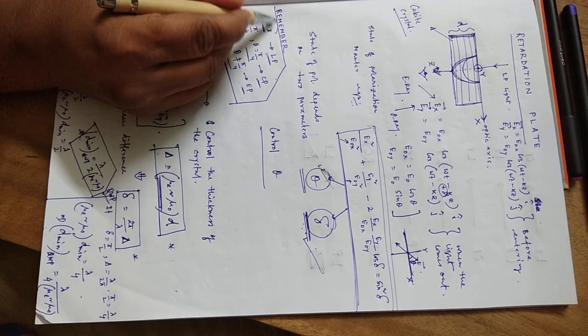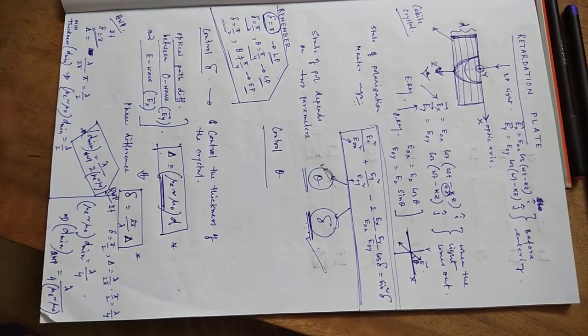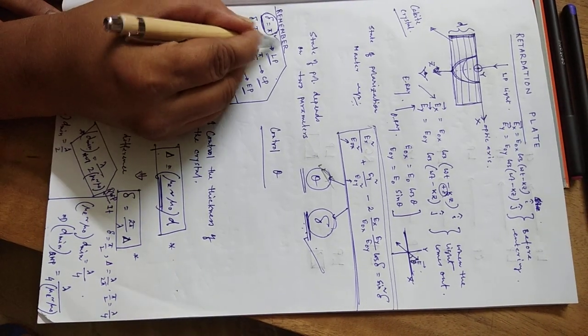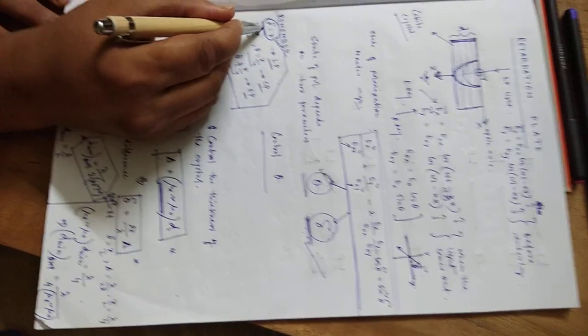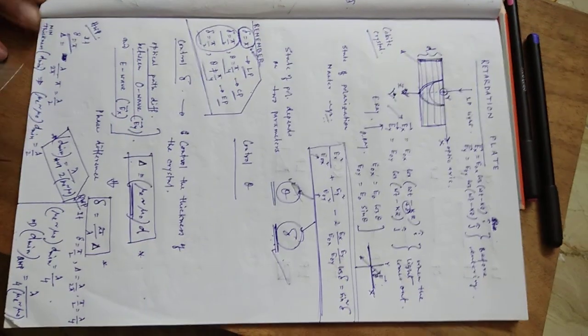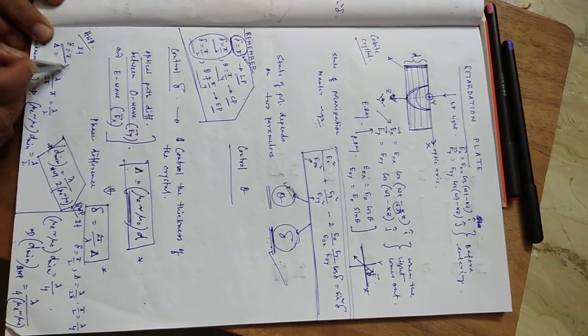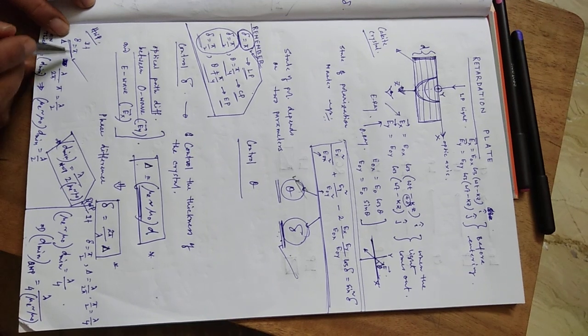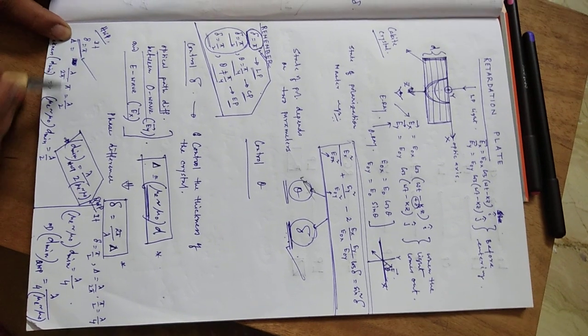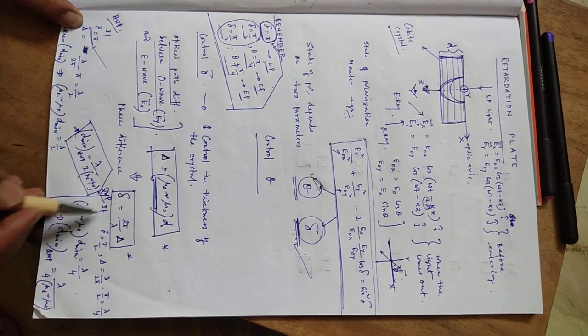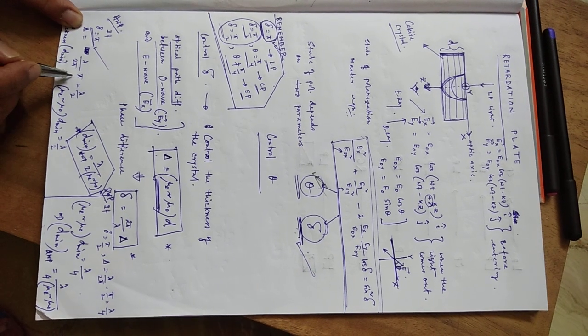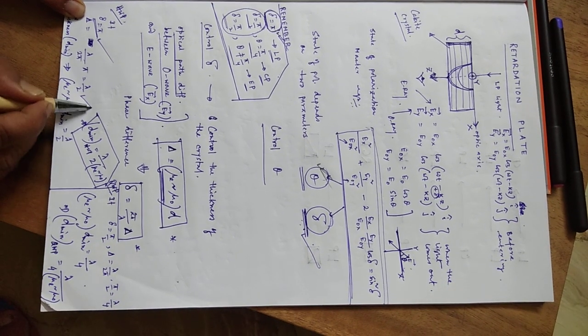Okay, so I want to create two devices. One will give me a phase difference of pi, another one will give me a phase difference of pi by 2. Now let's see, if the small delta is pi, then capital delta is given by lambda by 2 pi into small delta, lambda by 2 pi into pi, that is lambda by 2.